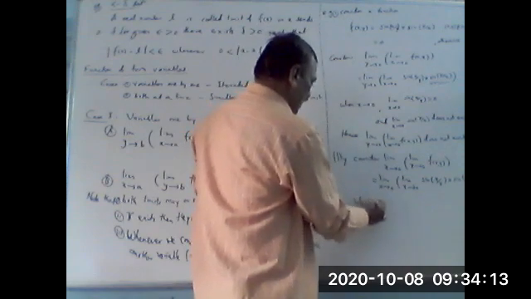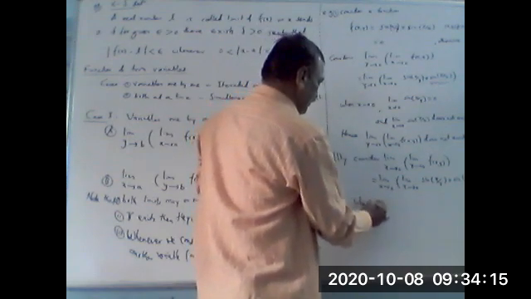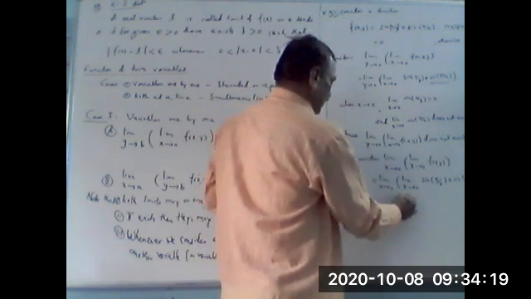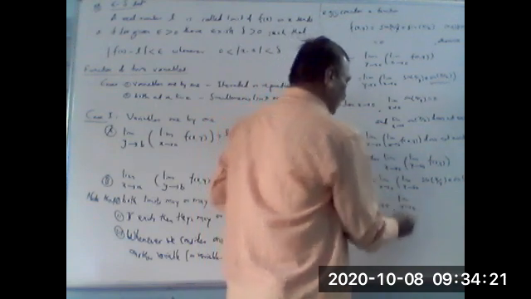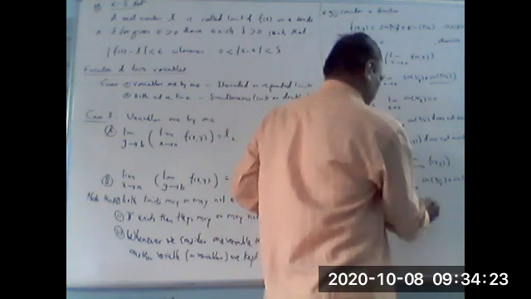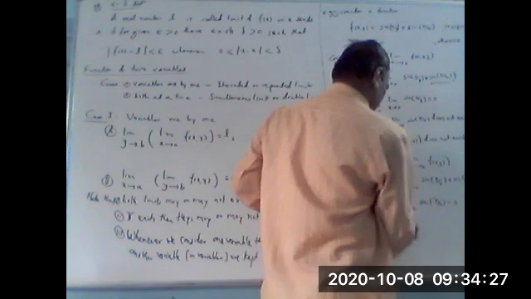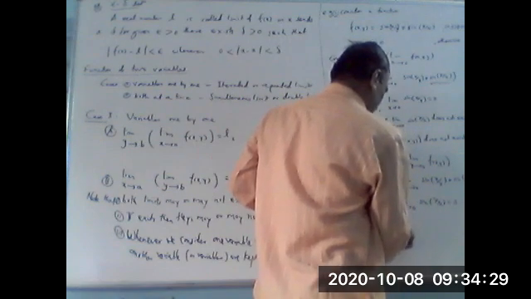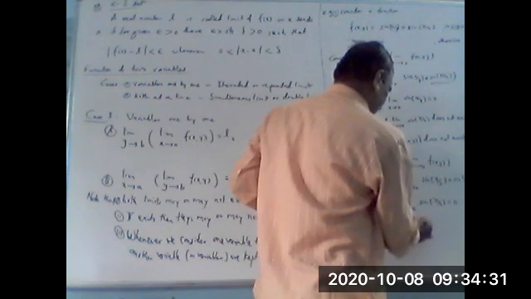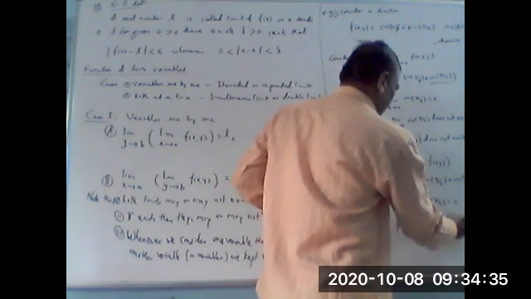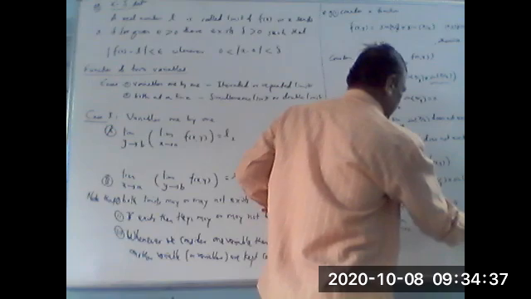When y tends to 0, limit y tends to 0 of sine of y by x is 0 and limit y tends to 0 of sine of x by y does not exist.